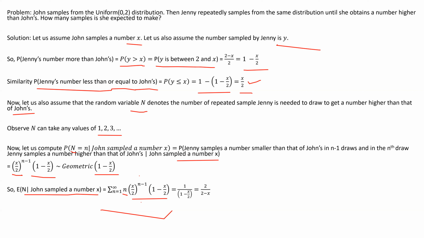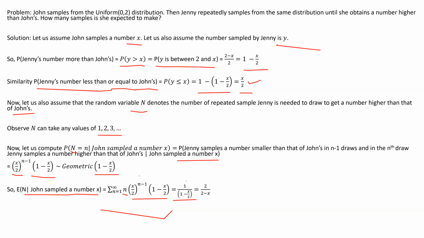And then we sum it over all possible values that this random variable capital N can take, which is equal to 1, 2, 3 up to infinity, right? The sum can be done in many ways. One of the ways is to consider the geometric progression and take a differential, and you can do the sum, which basically resolves into 1 by 1 minus x by 2.